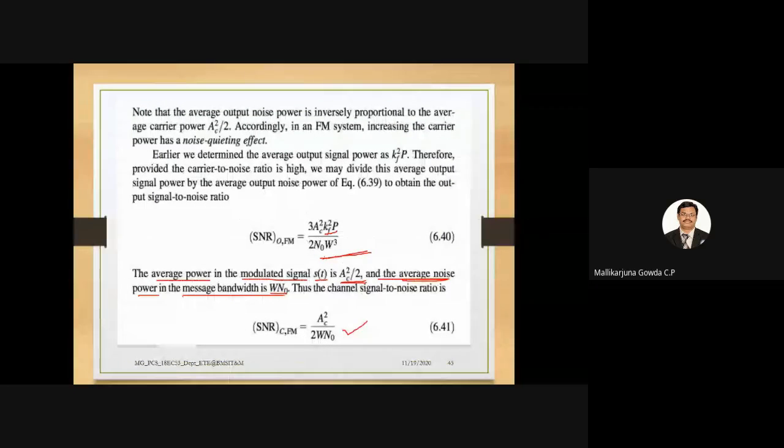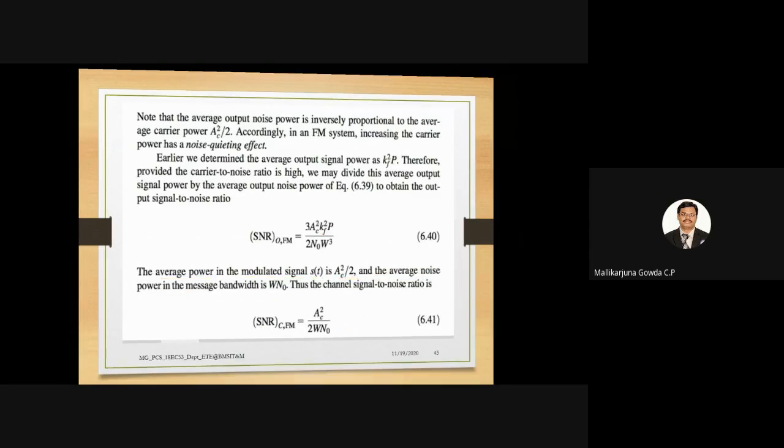Yes or no? So A_c squared, W N0. This A_c squared will get cancelled, then W N0. So here W squared will be left out, right? Even the 2 will also get cancelled. So what is left out here? 3 K_f squared P divided by W squared. So this is the figure of merit.